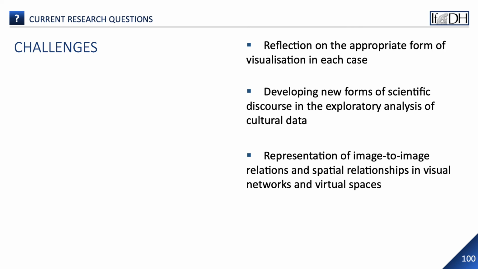The analysis of large image sets has only just begun, and we are also seeing new, promising approaches in computer science almost daily. Lev Manovich has demonstrated with his ImagePlot tool how relationships in image data could be visualized in an image-like way. Here, we need to continue to develop creative ideas to be able to represent image-to-image relations and spatial relationships in visual networks and visual spaces.